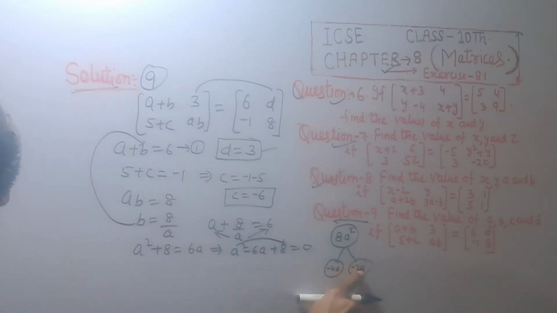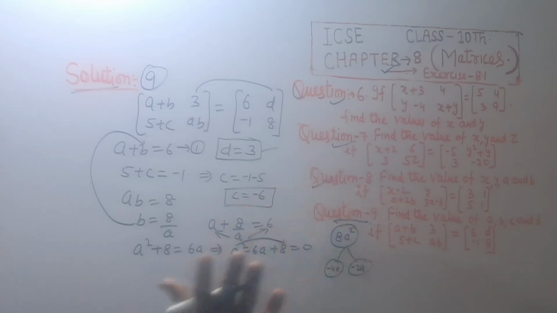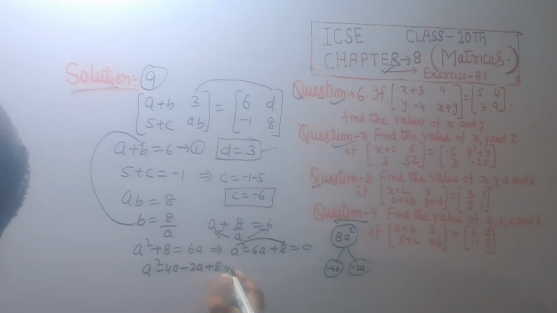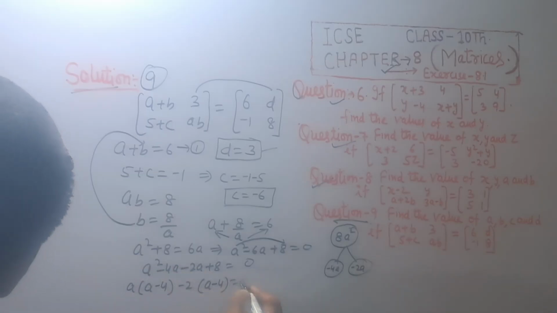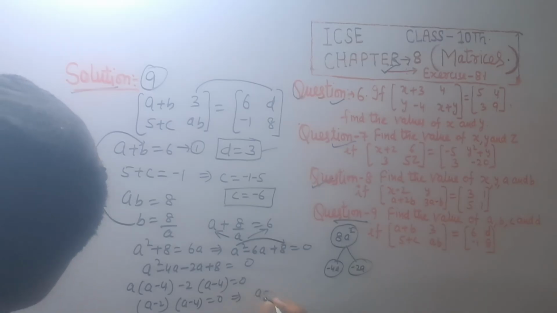Minus 4a minus 2a, that is equal to minus 6a, and product of minus 4a and minus 2a equal to 8a square. a square minus 4a minus 2a plus 8 equal to 0. a is taking common in bracket a minus 4. a minus 4 in bracket minus 2 is common, equal to 0. a minus 2, a minus 4 equal to 0, which implies a is equal to 2, 4.